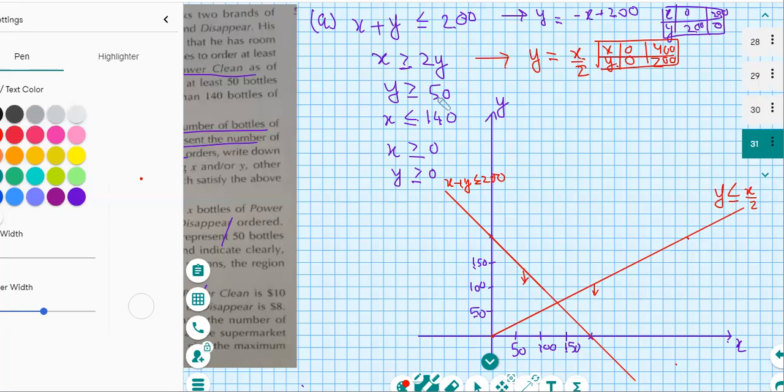Next is Y is greater than or equal to 50. So y equal to 50 line. I'm plotting this line. This line will be y equal to 50. So the region should be above here. Next, X is less than 140. 100, it's 125. 140 is somewhere here.